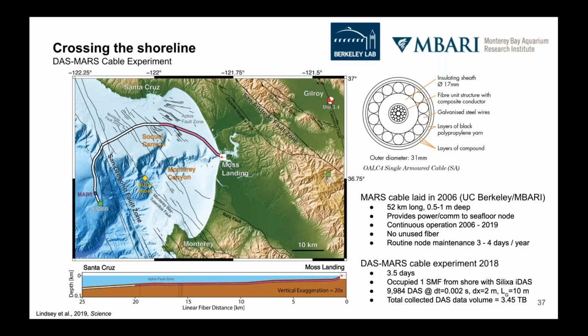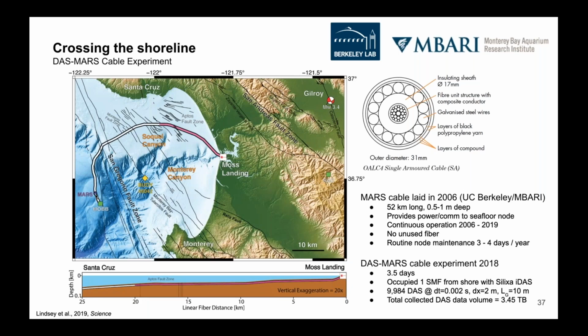So as a proof of concept, in 2018 we went down to Moss Landing, a collaboration between Lawrence Berkeley Lab, UC Berkeley, and the Monterey Bay Aquarium Research Institute, to the MARS cable. It's the Monterey Accelerated Research System cable, which goes out to a science node 50 kilometers offshore in about 1,000 meters water depth, and connects to a broadband seismometer sitting on the seafloor right next to it.